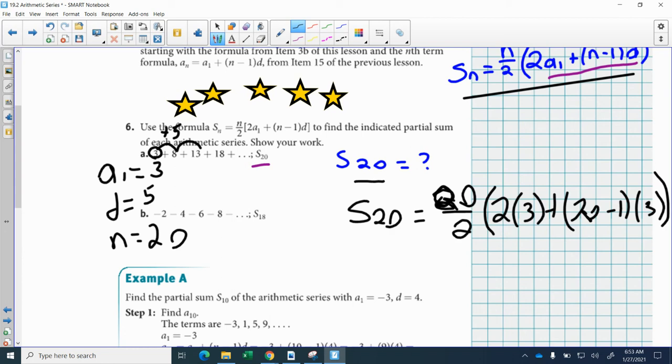Now at this point, you could use technology to help simplify this. You could plug this in the calculator, or you could do this by hand and say that this is going to come out to be 10, 20 divided by 2, times 6 plus 19 times 3.